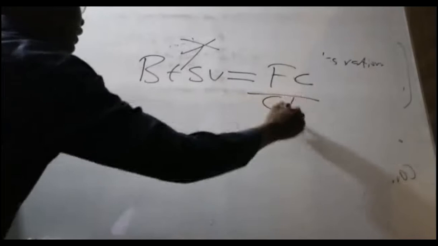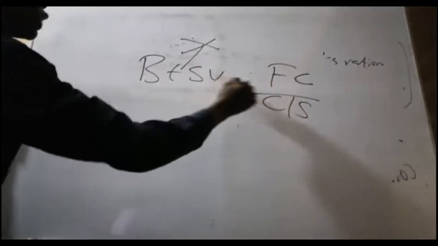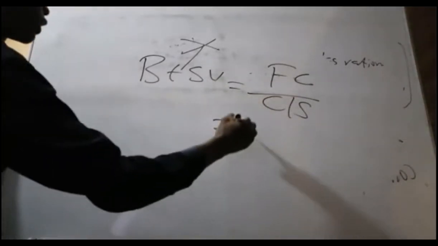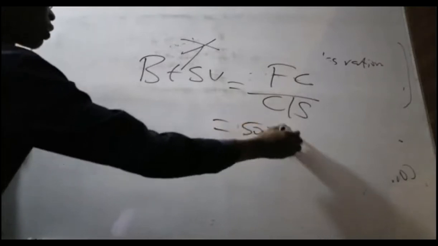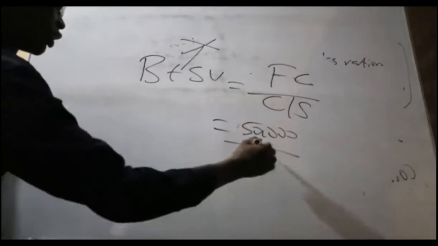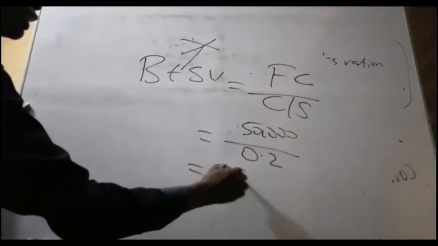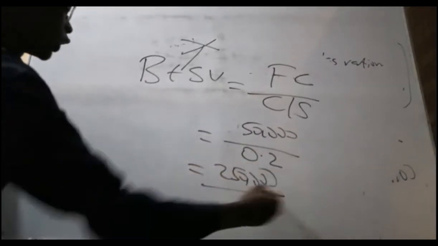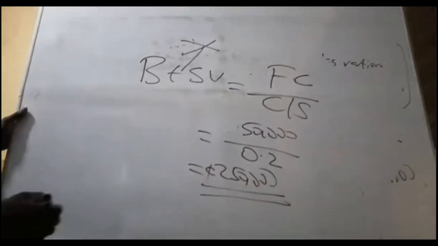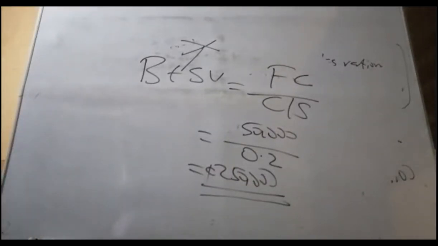It is equal to the fixed cost over the CS ratio. We should get the same answer. What is the fixed cost here? Still 50,000. What's the CS ratio? 0.2. So therefore, the answer will be 250,000, which was the same as what we had, right? So can you confirm if it's the same as the first one? It must be the same.